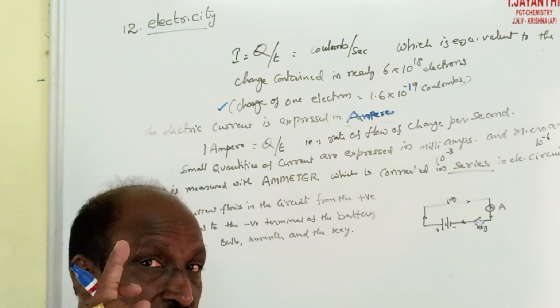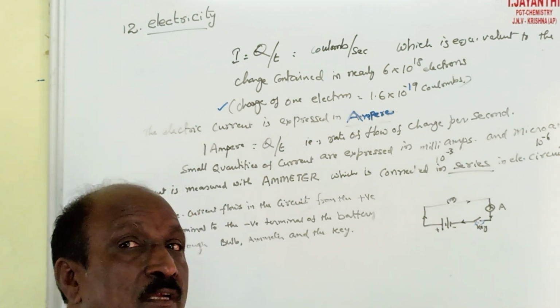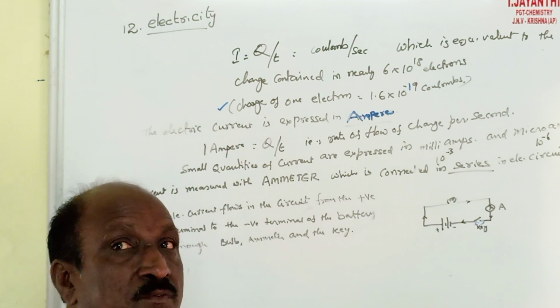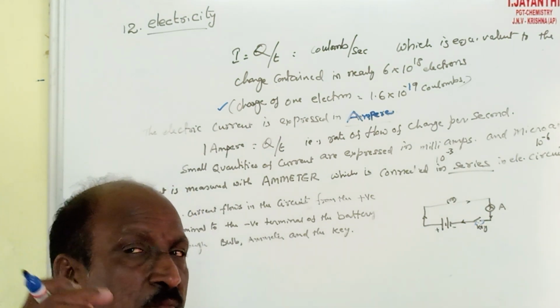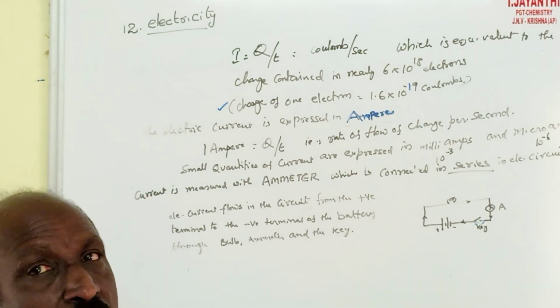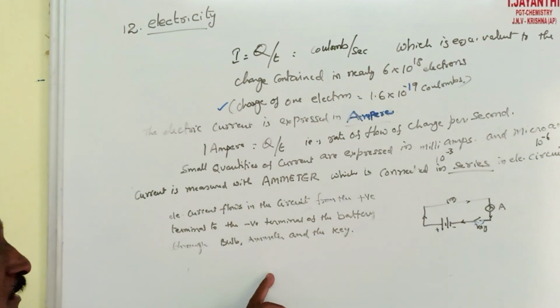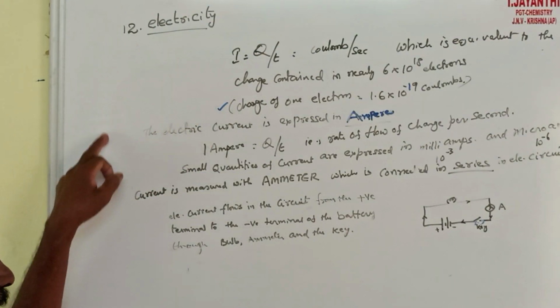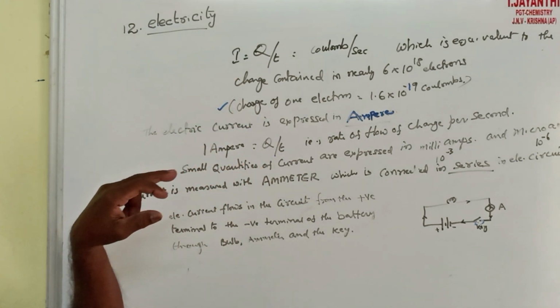Okay, that is why when we switch on the light, automatically the light is on, and when we turn off the switch, automatically the power will go. That is the importance of these terms here. You should remember them. What is ampere?